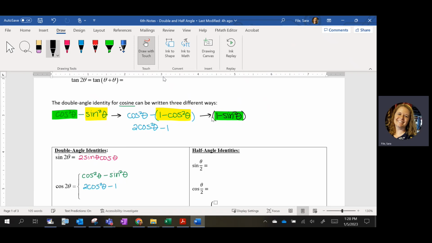So if I make that substitution and keep the minus sine squared, what does this simplify to? There's 2 negative sine squared, so -2 sine squared. So that's the third option. Oops, I wrote cosine again. Let me write that as sine.